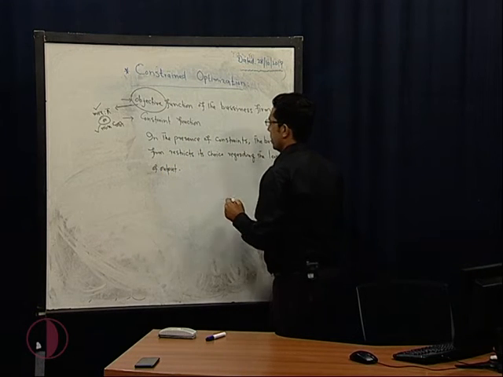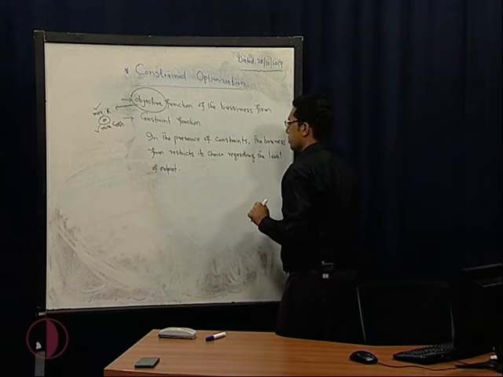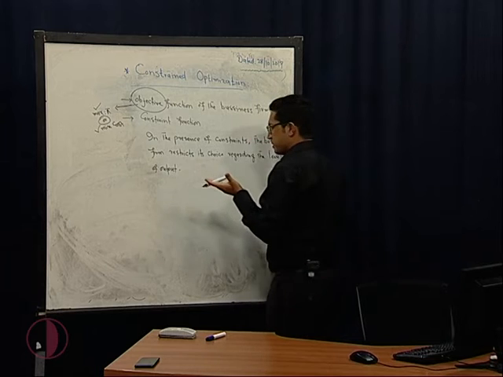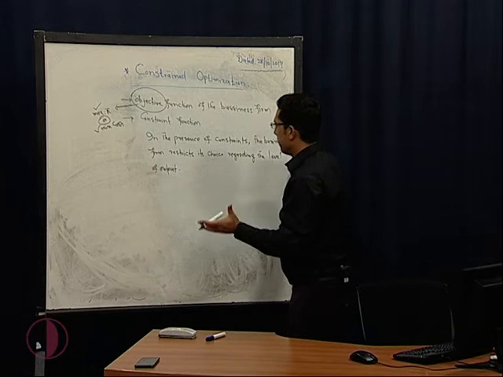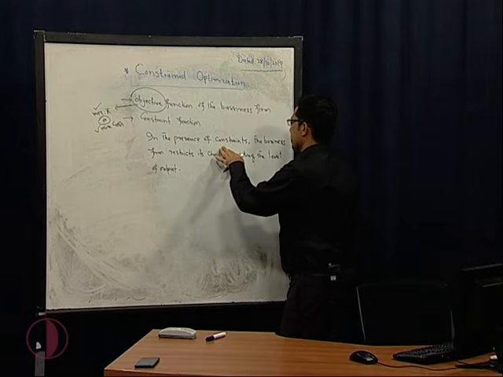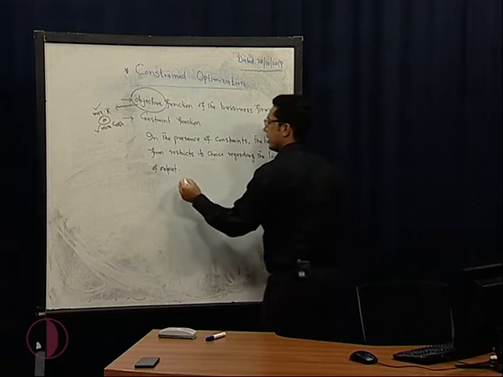As we know, if the business firm has no constraint, then it can produce as many units of output as it wants. But in the presence of constraints, the business firm restricts its choice regarding the level of output.